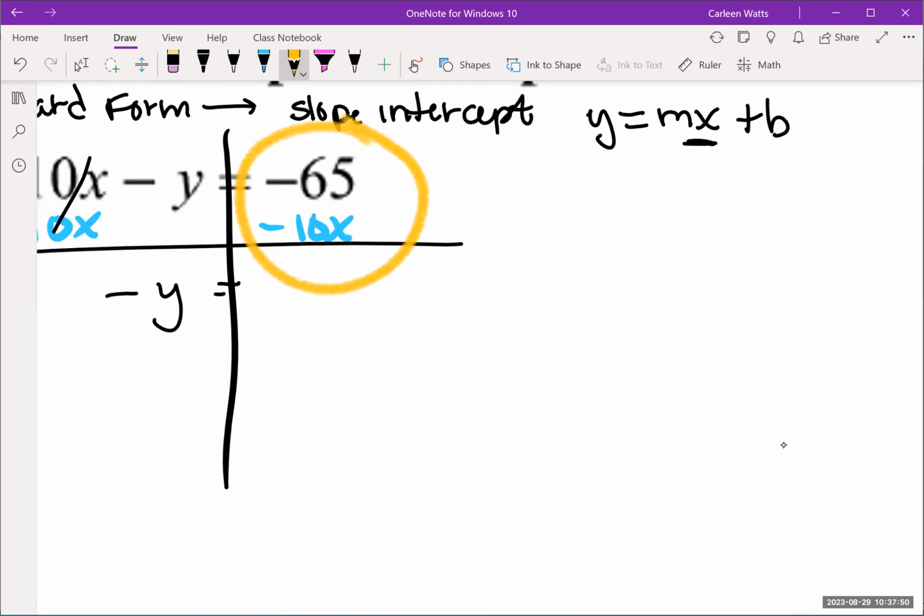Are those terms alike or are they not alike? So let's have a vote. Alike or not alike? They are not alike, right? Because one is a variable term and one is a constant term. So I'm just going to put it in this order. Negative 10x minus 65.